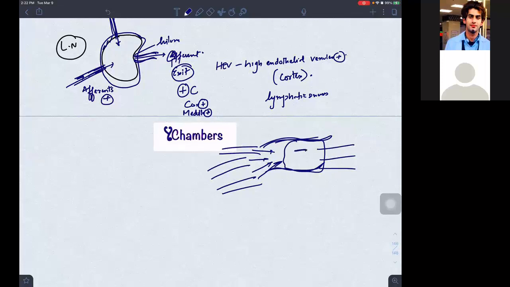So it's an open system, like a pool. If you have afferents for a pool, you put 2-3 pipes on a pool, actually you are making a sinusoid, like in the liver. I'll be teaching you the histology of the liver.